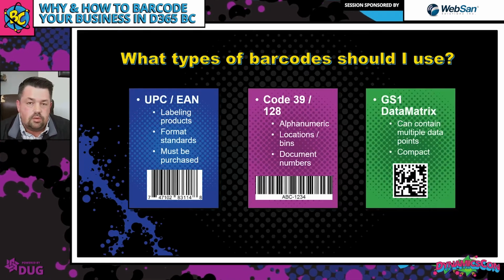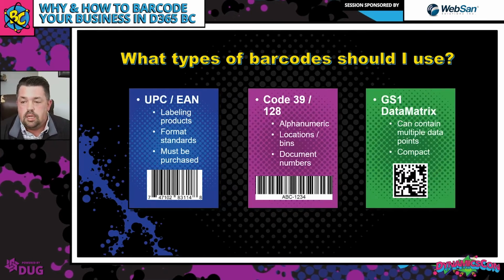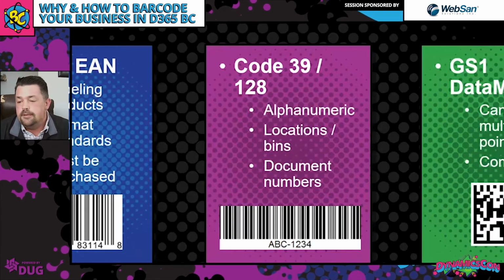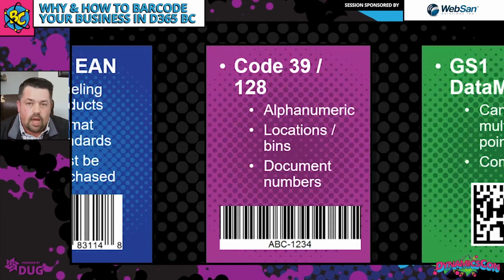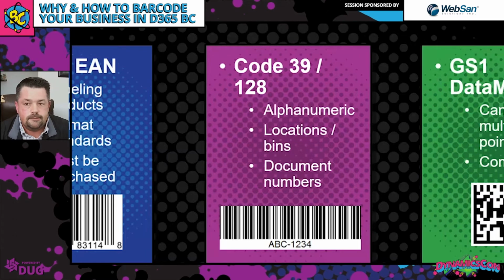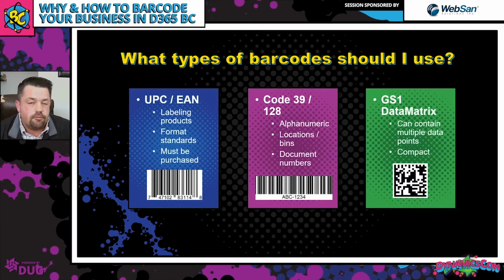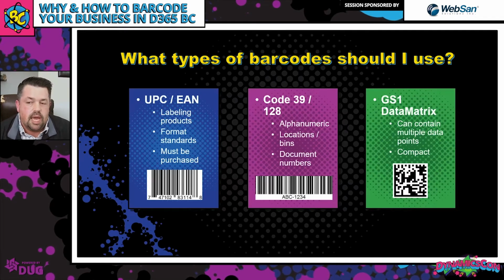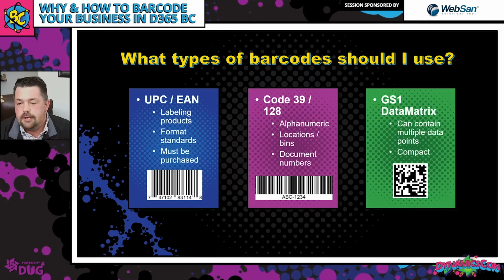The next barcode that we'll use a lot in a supply chain operation is called code 39 or code 128. These are barcodes that will handle alphanumeric numbers and letters. They're free to use, so we can really code any type of data into a code 39 or code 128 barcode.